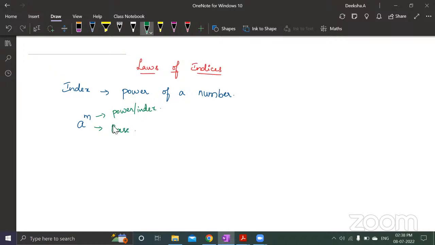Okay, so here, when we have any number of this format, you might have also heard the word surds. Many of you would have heard the word surds. So what are surds? These are numbers with fractional powers. So numbers with fractional powers are surds. So you don't have to learn it as a separate topic.